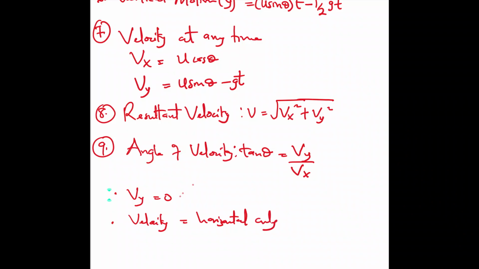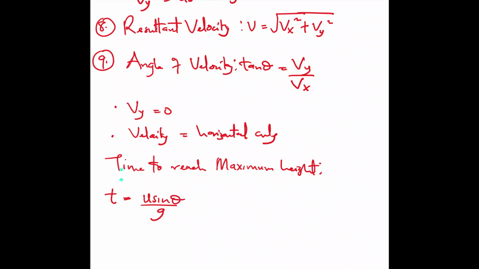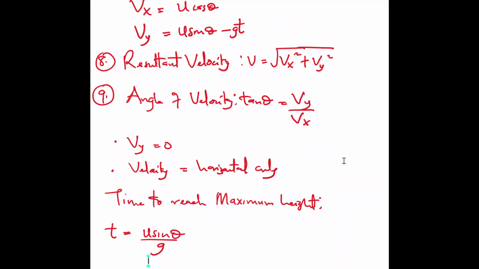That means the vertical part is 0 when you are at the highest height, and the velocity only focuses on the horizontal component. And you need to know that the time to reach maximum height is t equals u sine theta over g. So that's all the formulas you need to know.